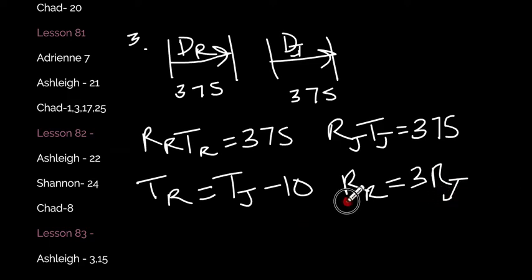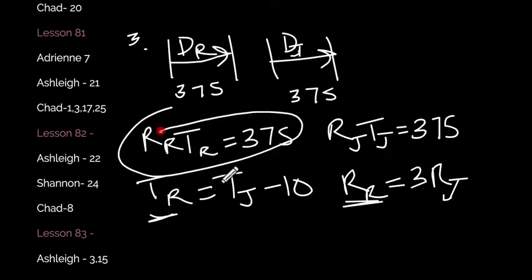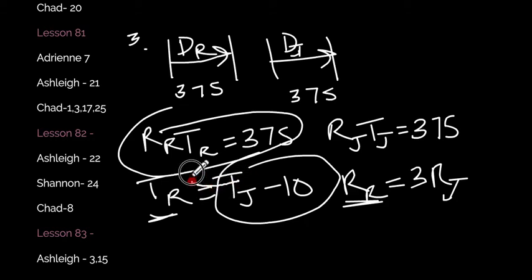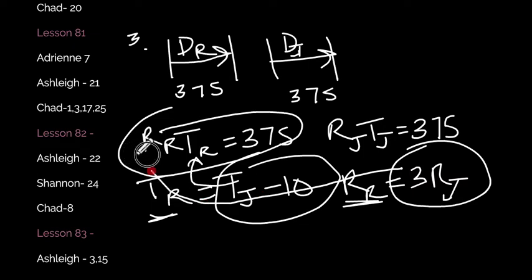Now they're both solved for the r's. So we're going to pick this equation. We're going to put this in for the time of Roger and this in for the rate of Roger. This is frustrating right now. And then that miracle happens where we have an RJ, TJ, and we put in the 375. So I'm going to leave it at that and move on.